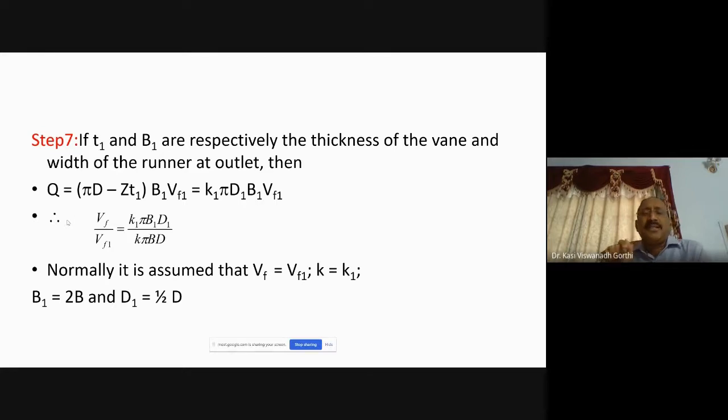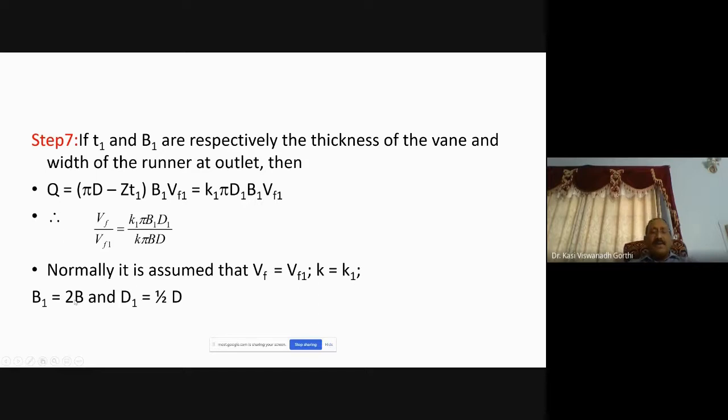The suffix 1 represents that these are the parameters at the outlet. Usually it is assumed that the flow component of the velocity at the inlet is equal to that at the outlet. Vf is constant, which means that Vf is equal to Vf1, and hence K is equal to K1. Also, B1, the breadth at the outlet, would be twice that of the breadth at inlet.